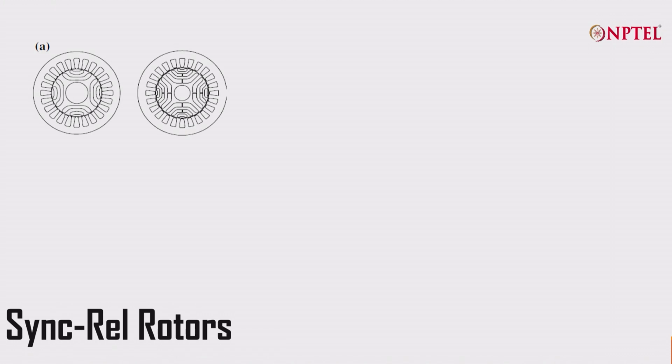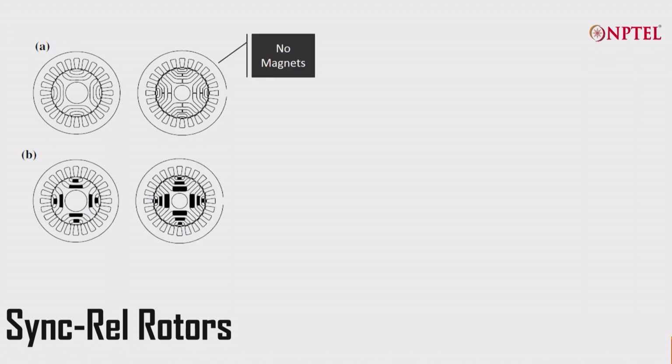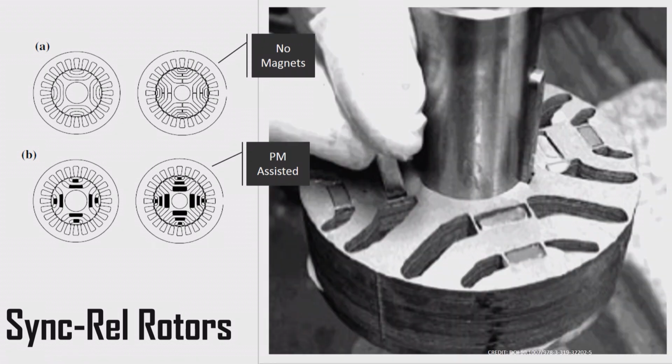So, for a synchronous reluctance motor, the designs would be like this with no magnets, or you can have permanent magnet assisted ones. There is a close up view, you see that there is a lot of air gap.